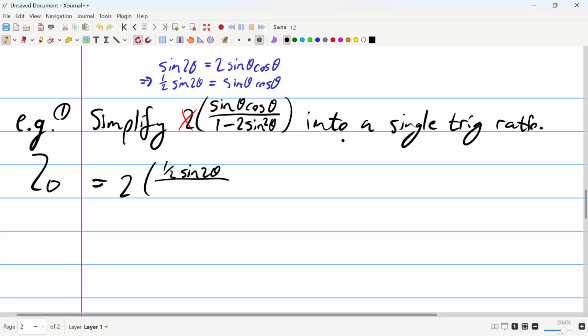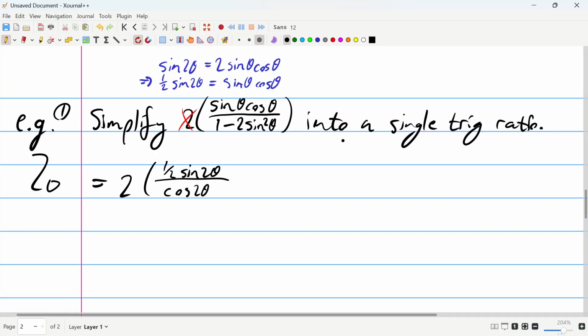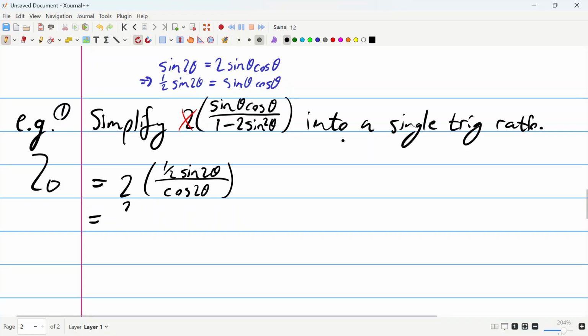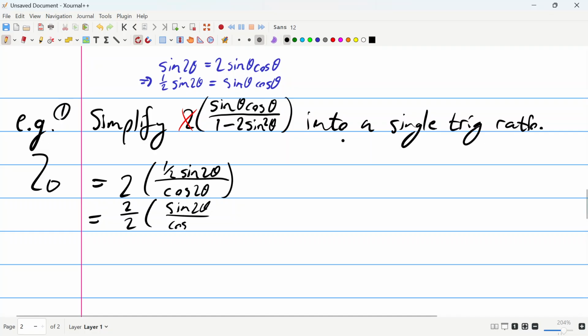And this is all divided by 1 minus 2 sine squared theta, which is just equal to cos 2 theta. Remember, that's the double angle for cos, one of them. Notice that we can take a half out so that we have 2 over 2. And then we have sine 2 theta divided by cos 2 theta.